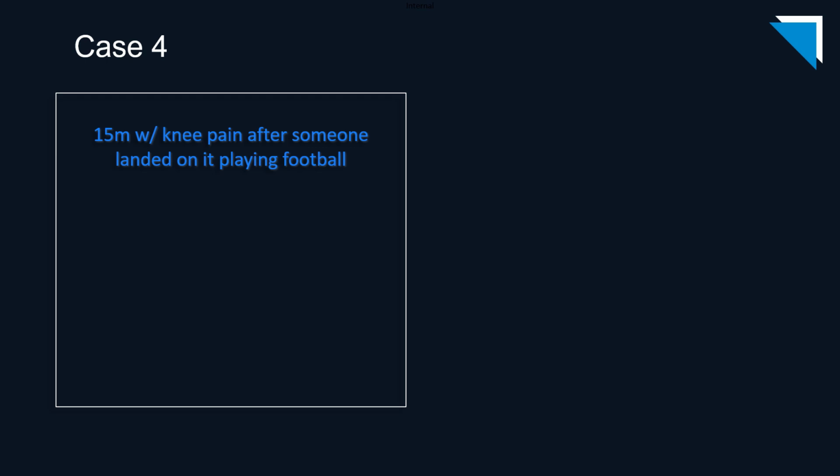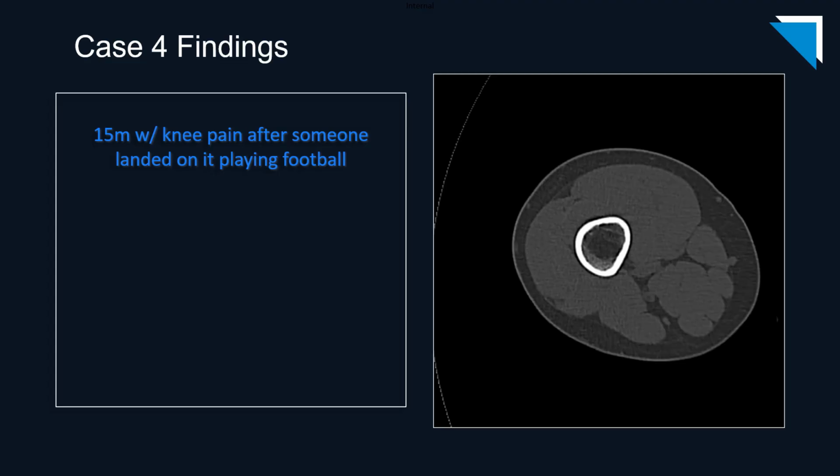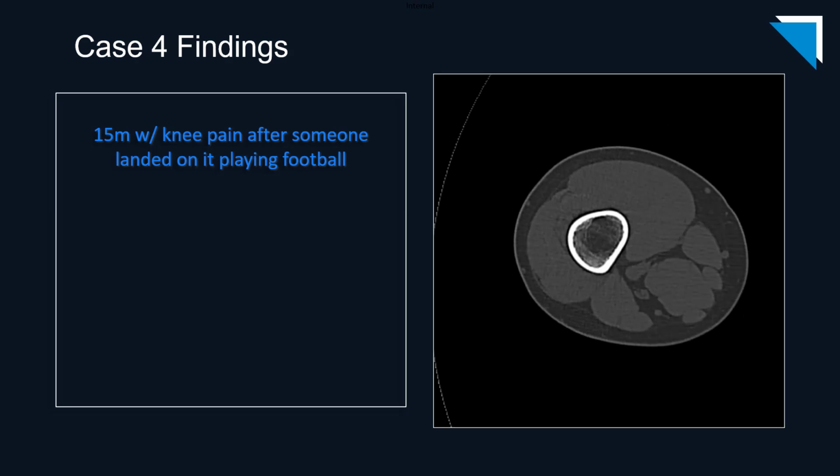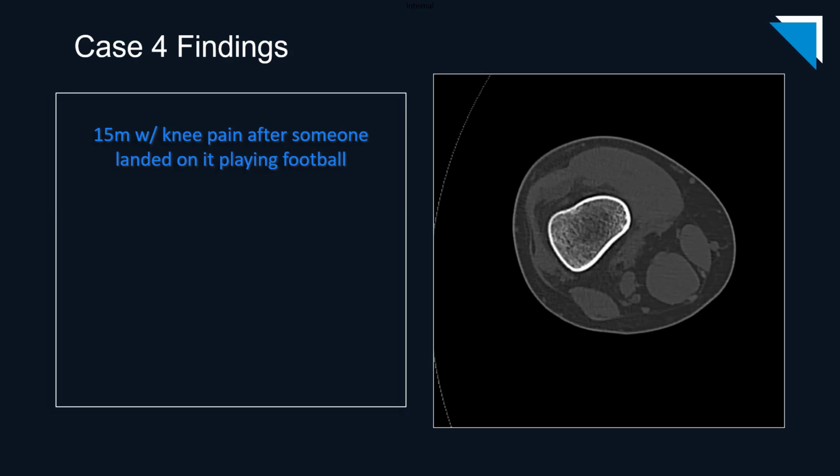Let's move on to our 4th and final patient of the day. This is a 15-year-old boy with knee pain after someone landed on it playing football. We'll mix things up this time and start with a CT scan. Here are axial images from a CT scan of the knee.